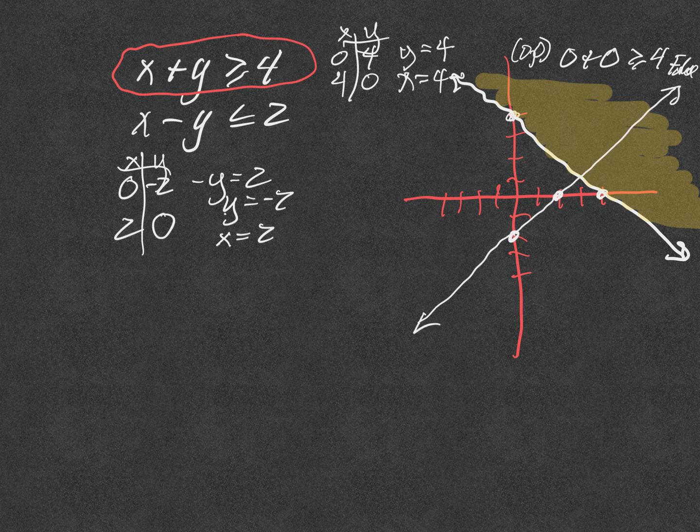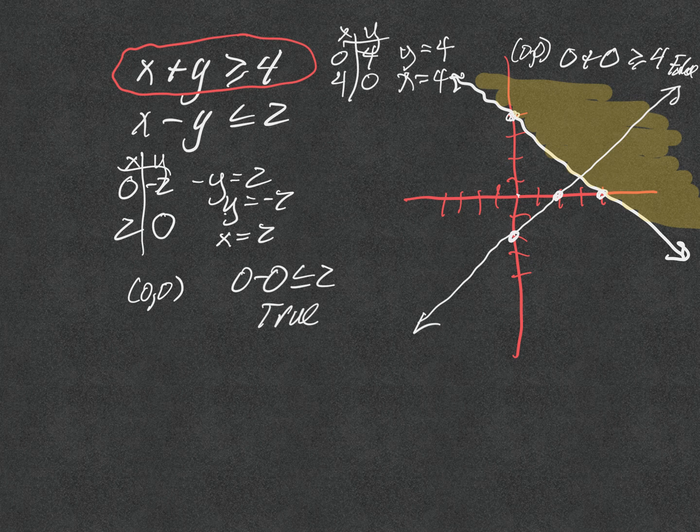And then I shade for this line. Again, 0, 0 is not on the line, so I'm going to use that to check. When I check 0, 0, I get 0 minus 0 is less than or equal to 2. That is true. That means I shade that side of the line. I'm going to use a different color here to shade.